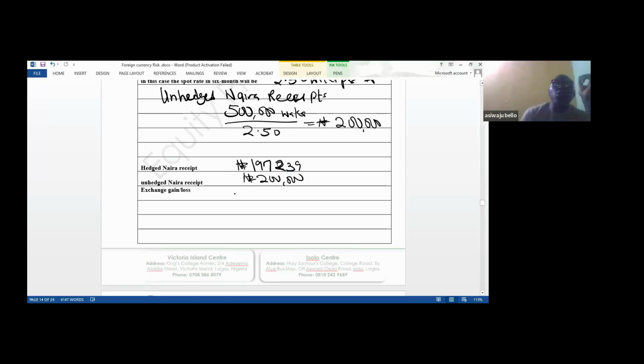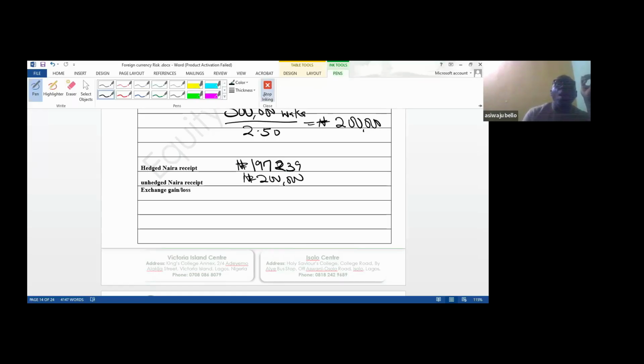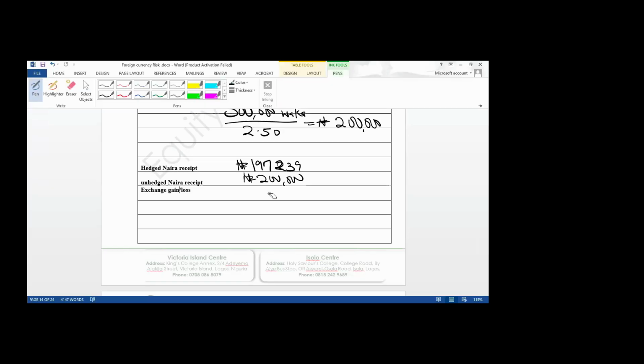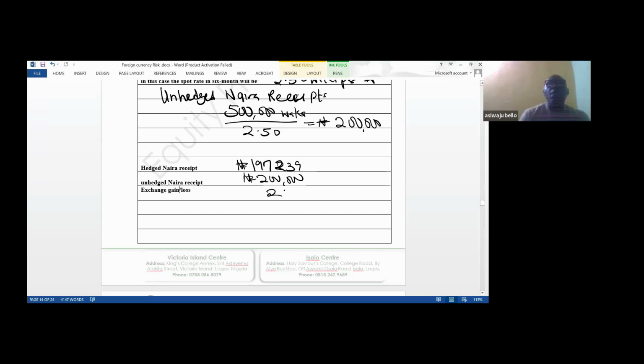What is the exchange loss? 2,761. It will be in brackets. That is the exchange loss. You are done with the computation.